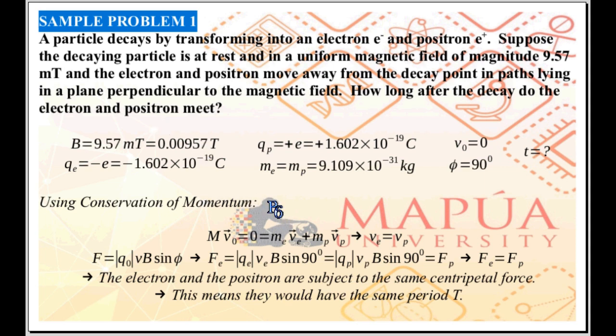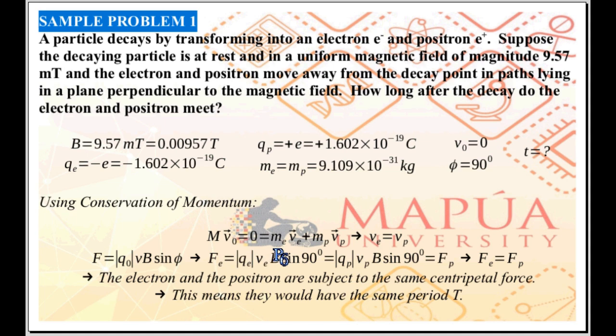Performing analysis using conservation of momentum, the original particle decays into electron and positron. The momentum of the original particle is just equal to the total of the momenta of the electron and the positron. The original particle has velocity of 0, which means momentum of the original particle is equal to 0.